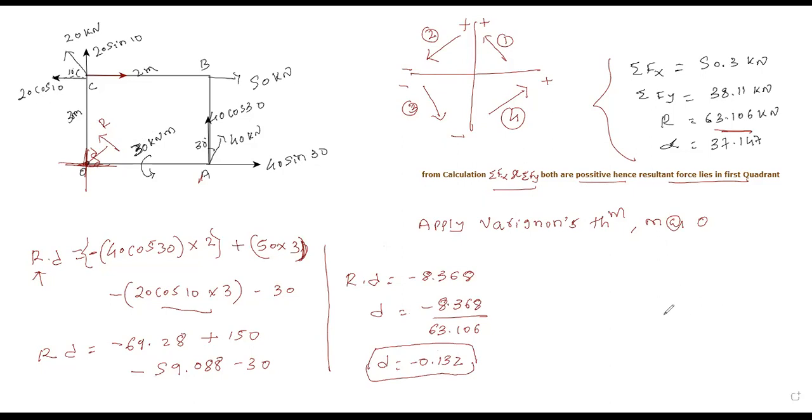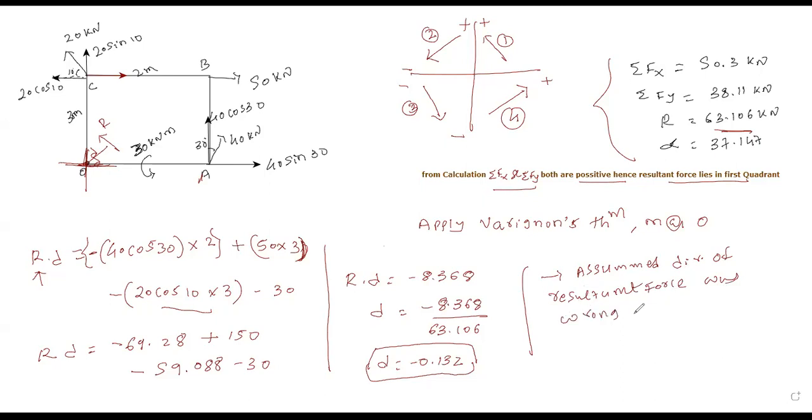So if your distance comes out negative, you have to write here: assumed direction of resultant force was wrong.